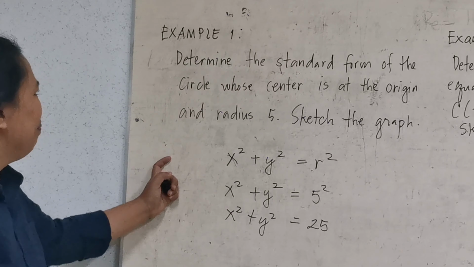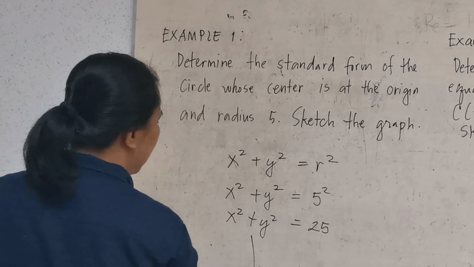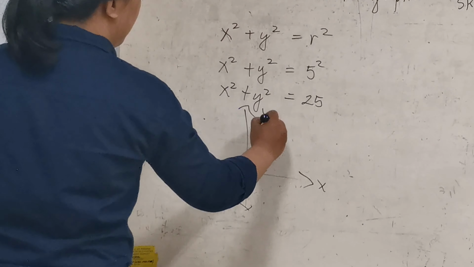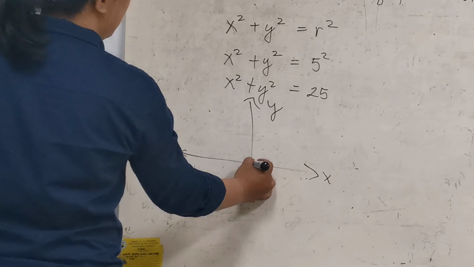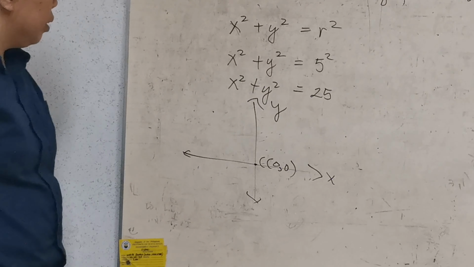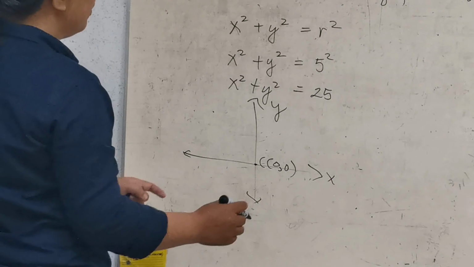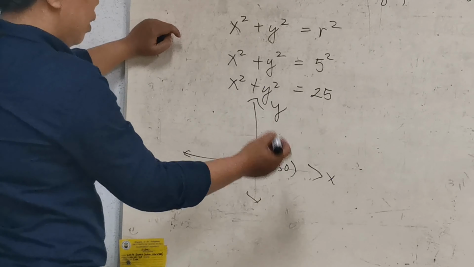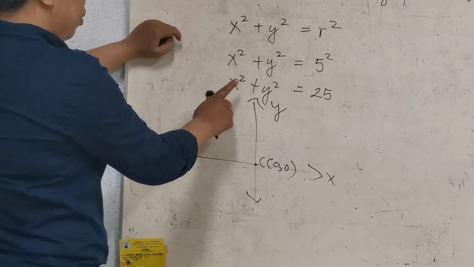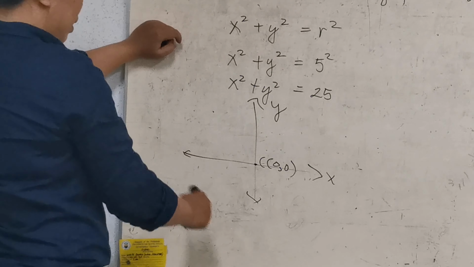As simply as that. So to sketch, draw x and y axis. Then the center is at the origin, coordinates 0, 0. That is why there's no need to include the values. Then the radius is 5. Just count 5 units from the center upward or downward or to the right or to the left.